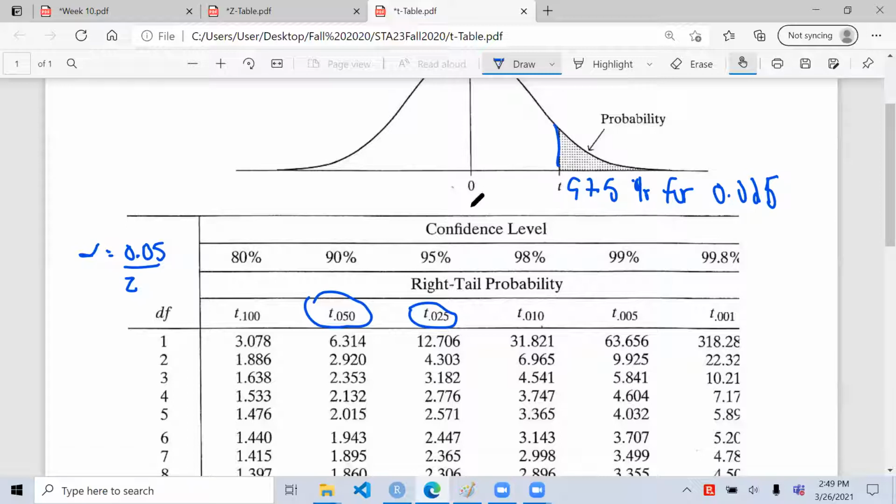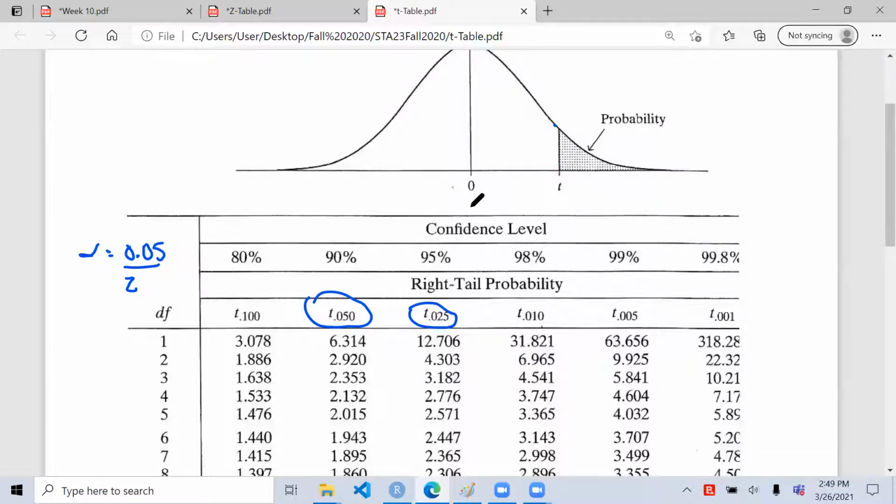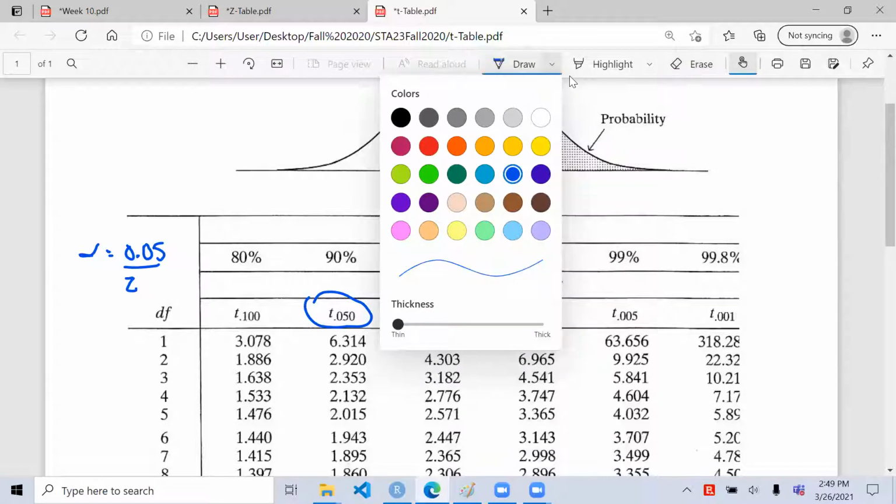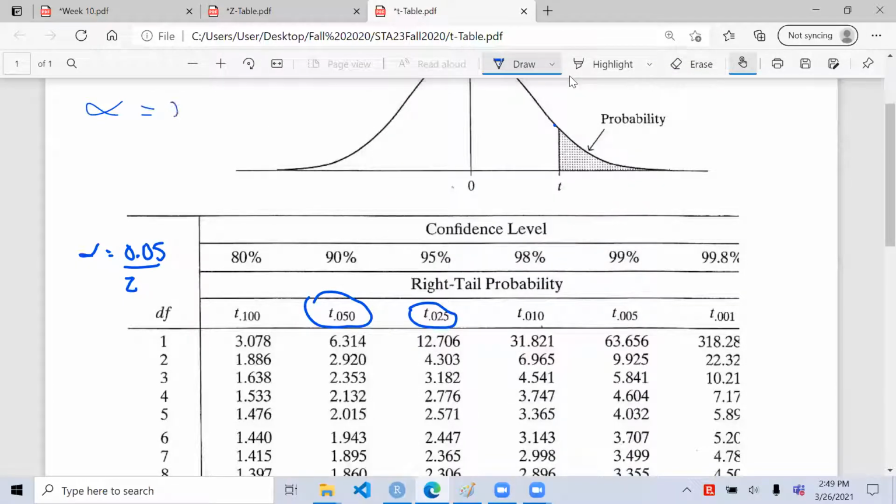Let me write this better. When you take your alpha to be 0.05 and you divide it by 2, what you're actually looking at is 0.025, but you get the upper tail in your T table, as you can see from the picture, which means that 1 minus this is 0.975.